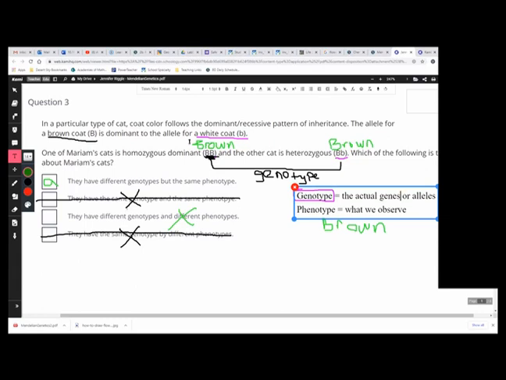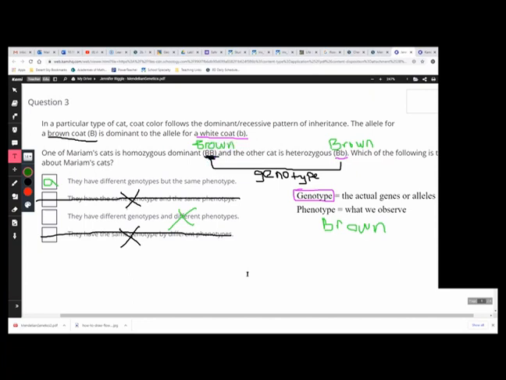So if we're talking about, in this case, a cat and its fur color, we're going to use capital B because brown is the dominant allele. It's the one that is more likely to show up. So whatever color this cat could be, we're going to use the letter capital B and lowercase b to represent all the possible brown versus white combinations that a cat could have.